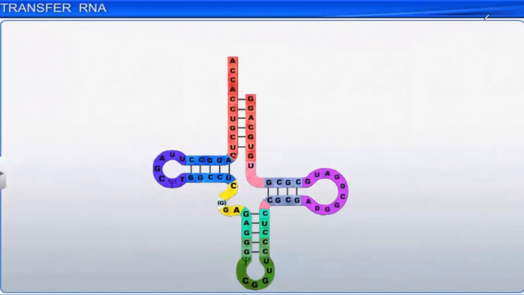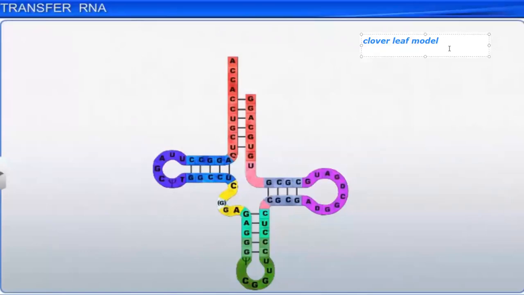So all four arms have a very particular code, and these codes recognize, like each key recognizes a lock. In the same way, each particular tRNA has a definite code, and after the work is done, it comes out of the mRNA and is again ready for the next translation. Have you understood these four parts?